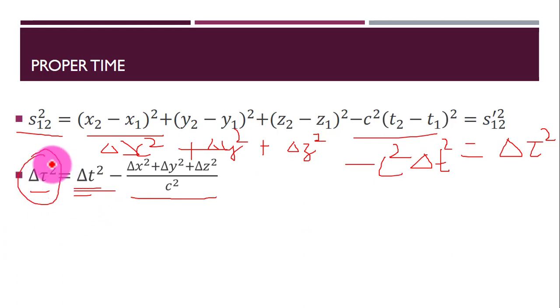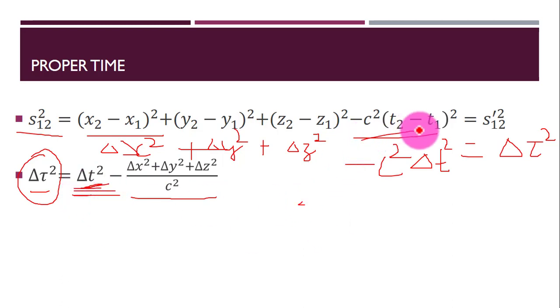This proper time is equal to delta t square minus (delta x square plus delta y square plus delta z square) divided by c square. Suppose the sum of the squares of the position terms is less than the time term delta t square.